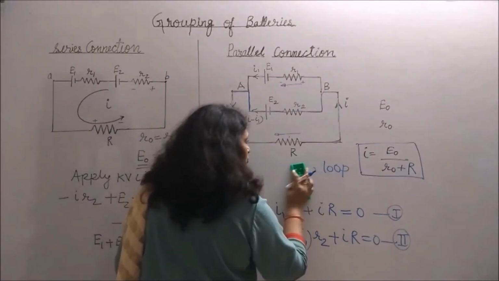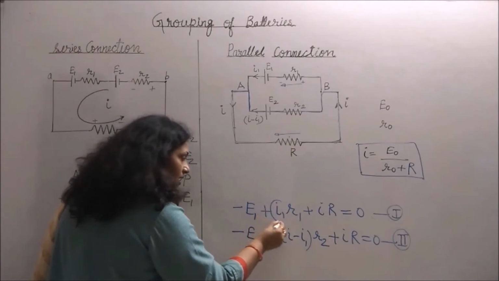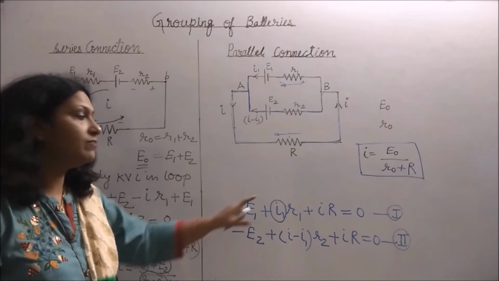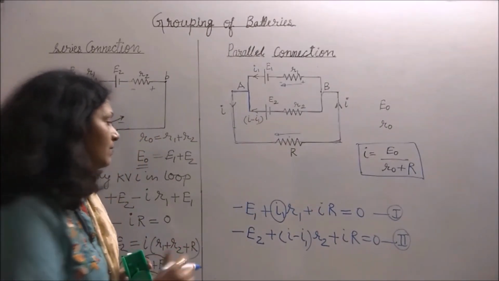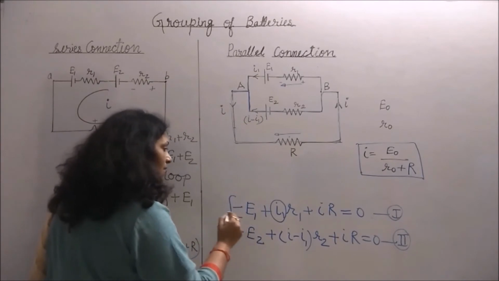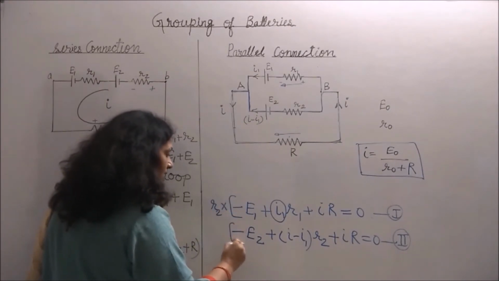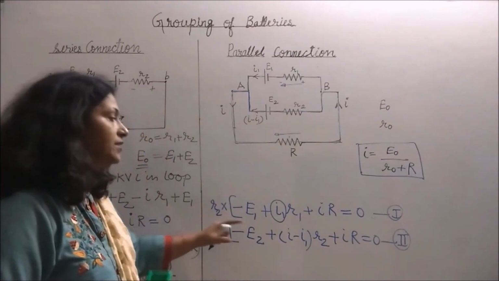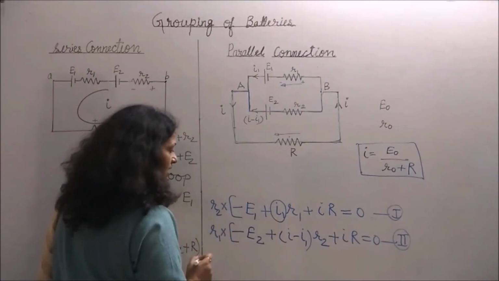Now we have to solve it. So first thing is to eliminate this I1 term from both the equations. How can we eliminate? Multiply the first equation by R2 and the second equation by R1 and add them, and that will give us the elimination of I1.